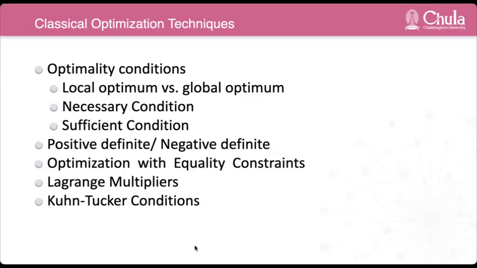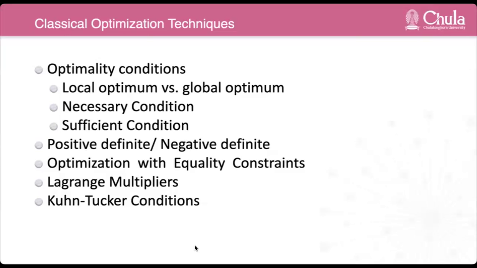We have to distinguish between local optimum and global optimum. The definition is totally different. And the next thing is the necessary condition for the local optimum. Later I will tell you the difference between local and global optimum. You will learn about the necessary condition and sufficient condition to define the local optimum point.